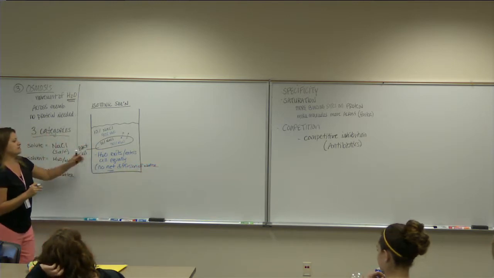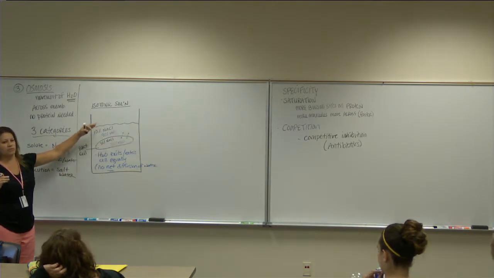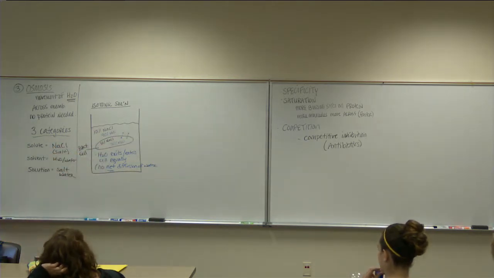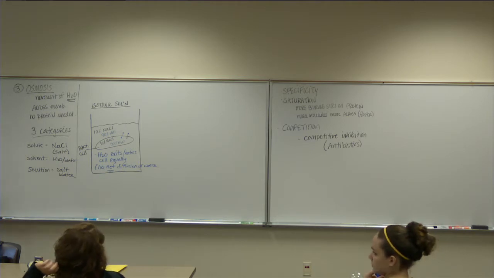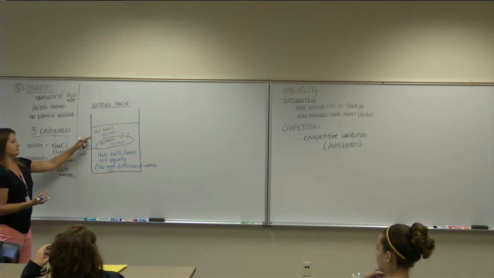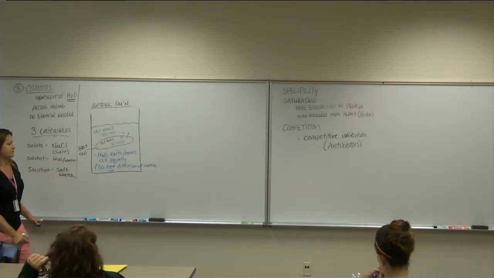That means it doesn't leave the cell any more than more comes in. It's going to be equal. Water's never 100% stationary. A little bit comes out, a little bit comes in, great. But overall, no net diffusion.